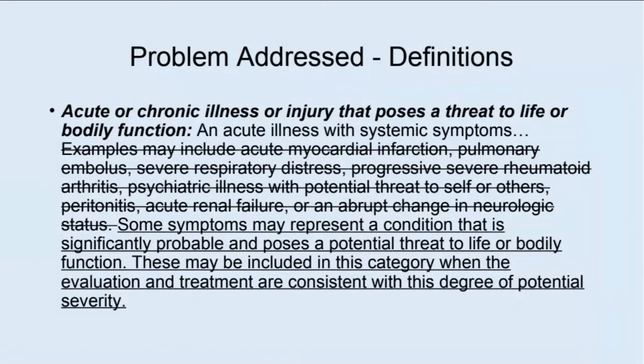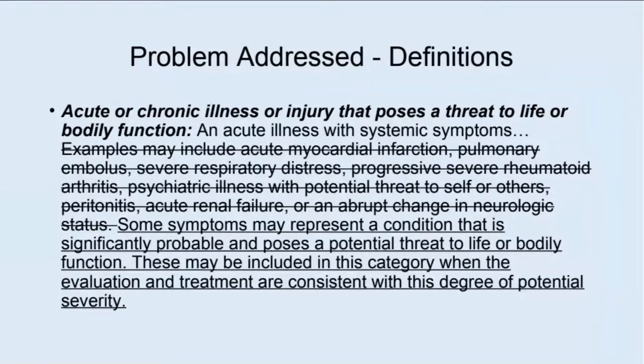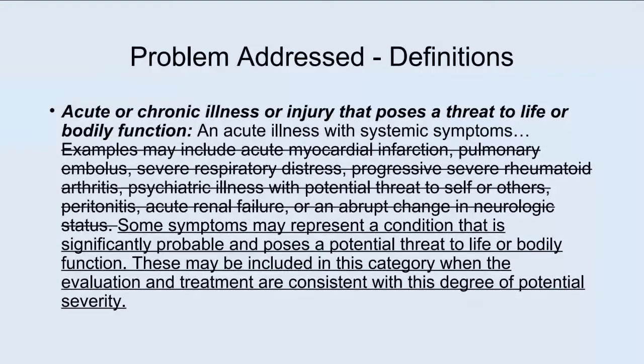So this deals with symptoms that may indicate a condition that is very likely to be present or to occur that would pose a potential threat to life or bodily function. So the symptoms indicate a condition that is a real threat to the patient.